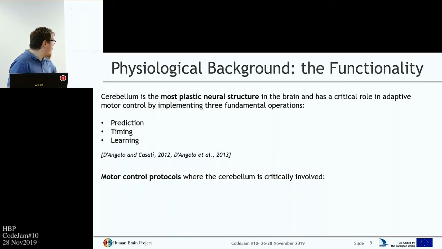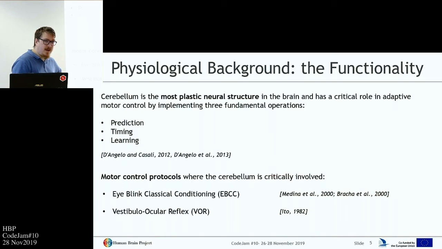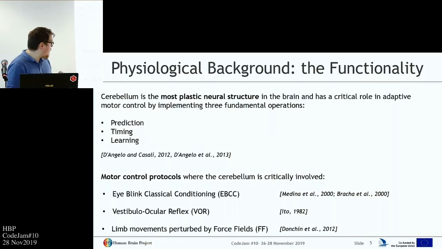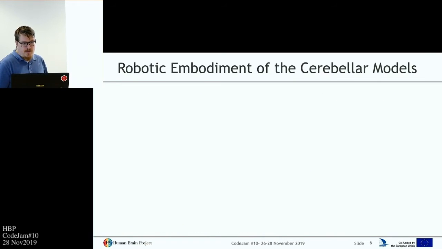In motor control protocols, which are the eye blink classical conditioning that we have seen, the vestibular ocular reflex, that's the mechanism that is able to keep your eyes fixed on a target when someone is moving your head, and also the movement when you move your arm and you are perturbed by some external forces, then you are able to compensate for them.